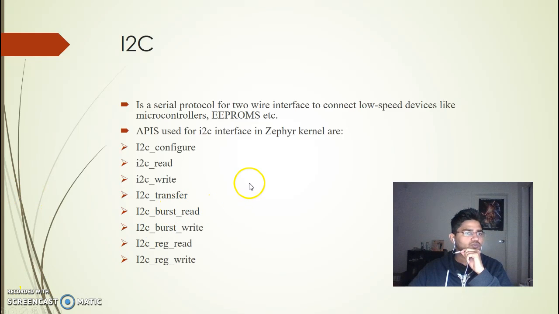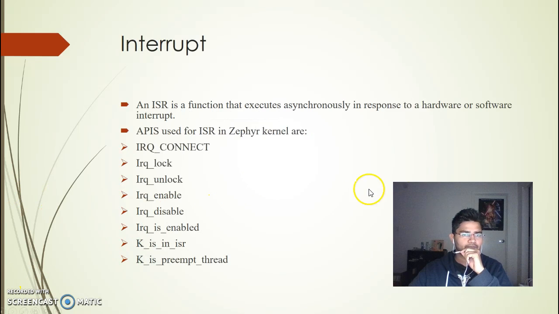Moving on to the next one, interrupt. We all know what an interrupt is and where and how it is used. An ISR is a function that executes asynchronously in response to a hardware or software interrupt.